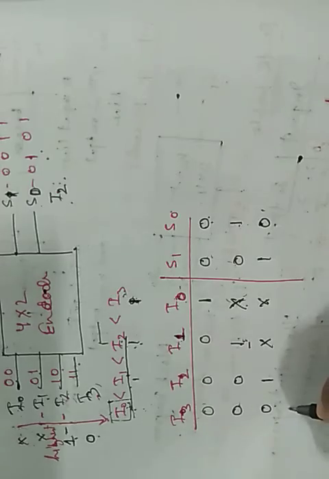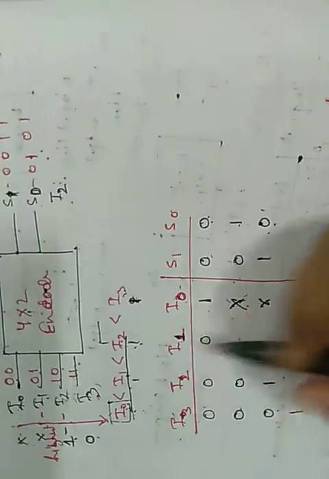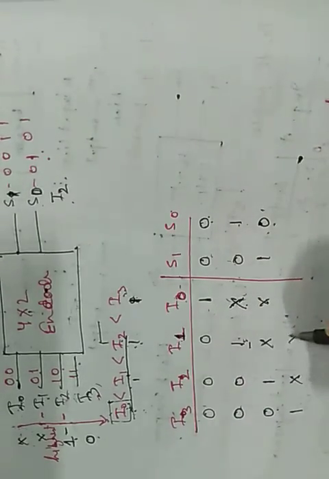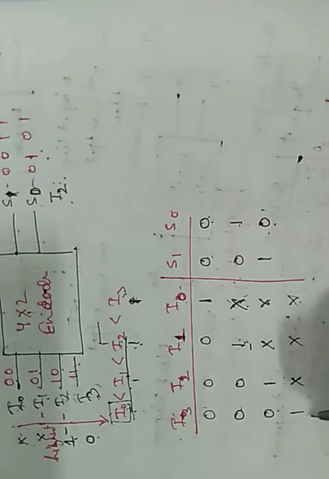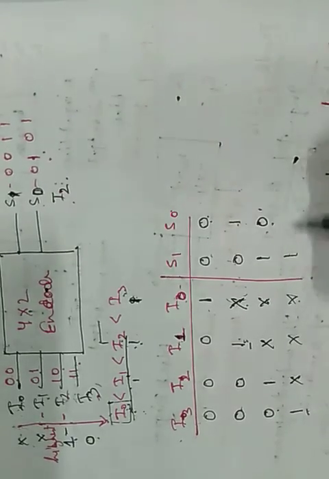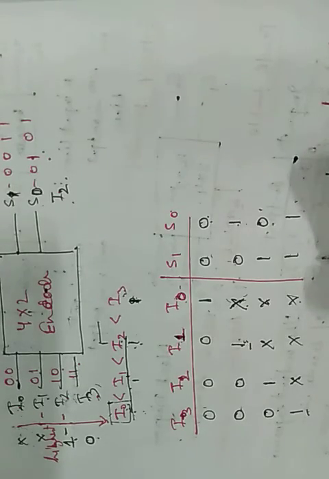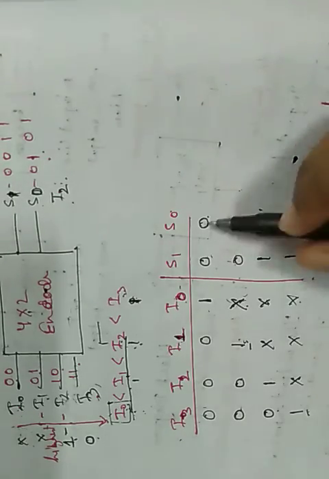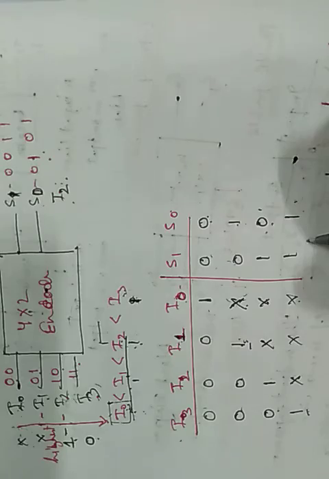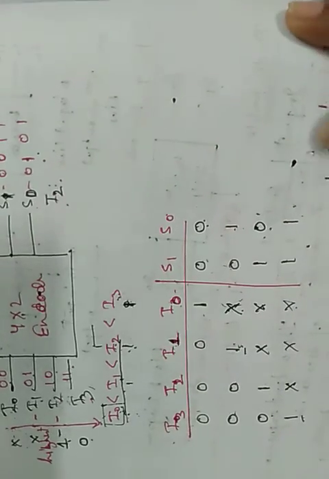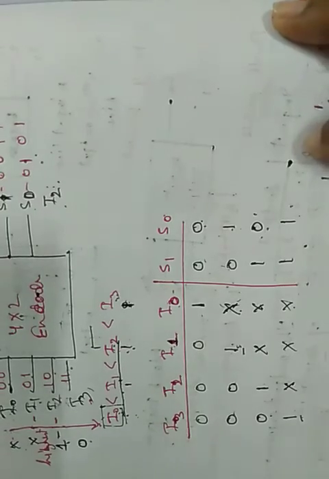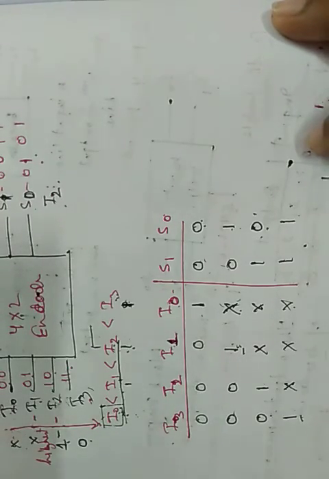If I3 is 1, then whatever the value of its lower priority input signals, we get the value of I3 in our output line. So this is the truth table of our priority encoder.